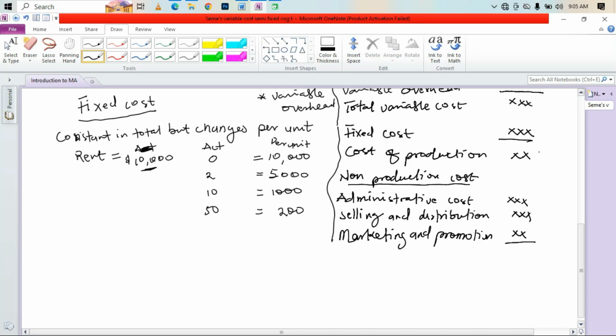So when you add this to this, let me make this one A and this one B, so here will be A plus B. So when you add it, then we get our total cost.